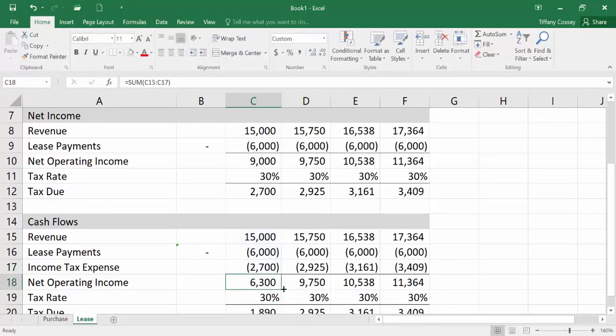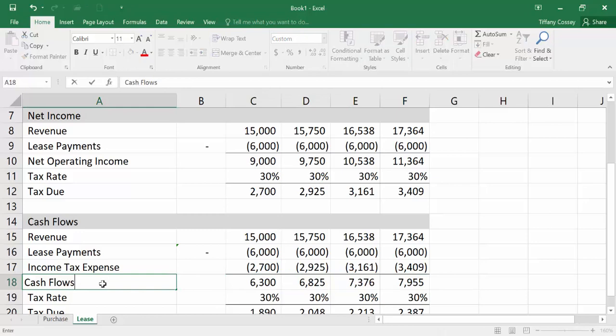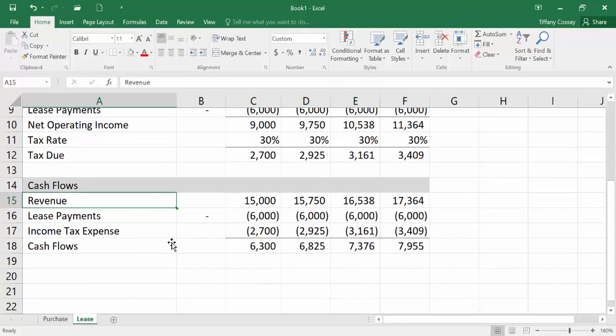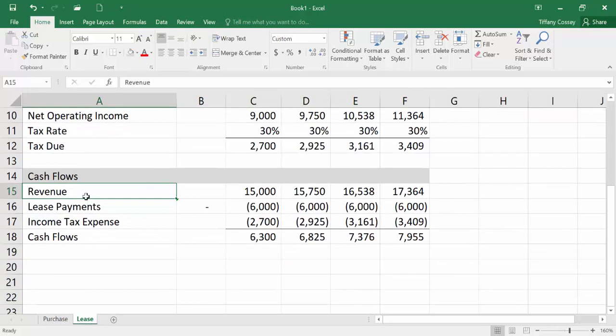I'm going to pull my numbers across and I'm going to change my title here. These are the cash flows from each of those years. Okay, so I have revenue minus the lease payments minus the income tax expense that comes from the actual investment itself.